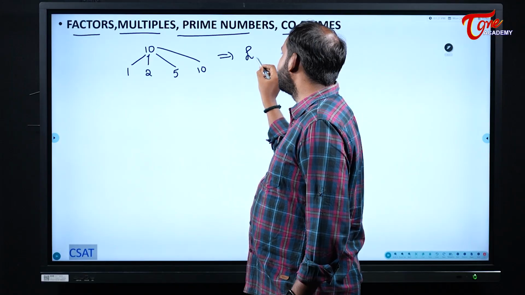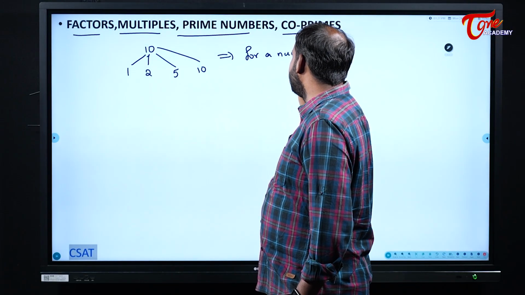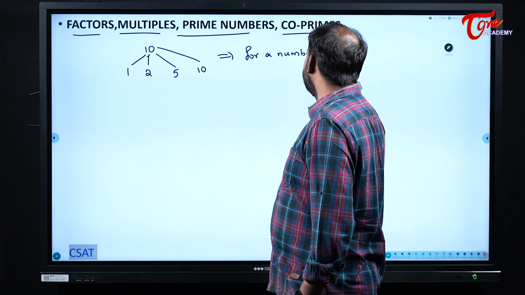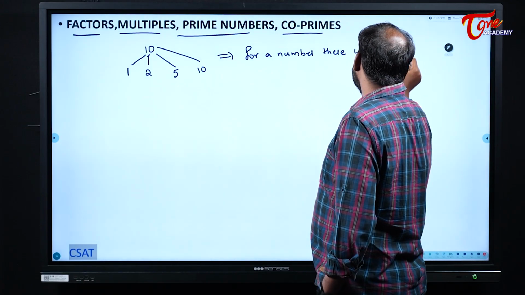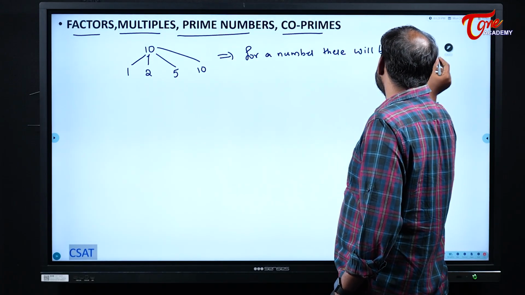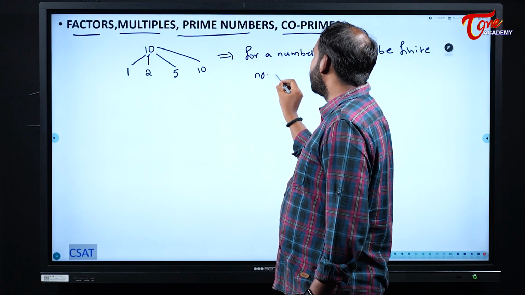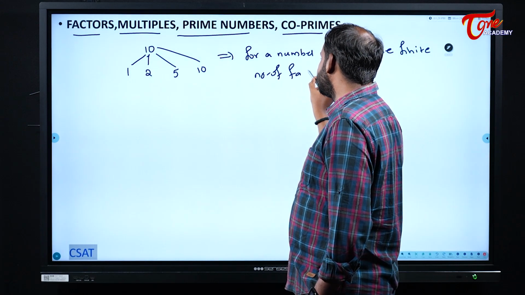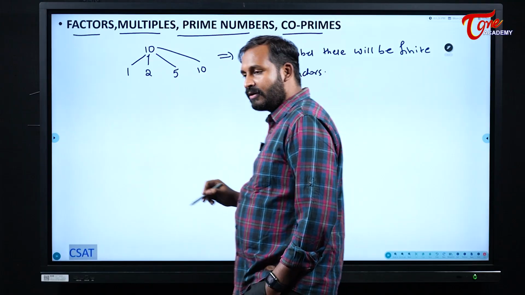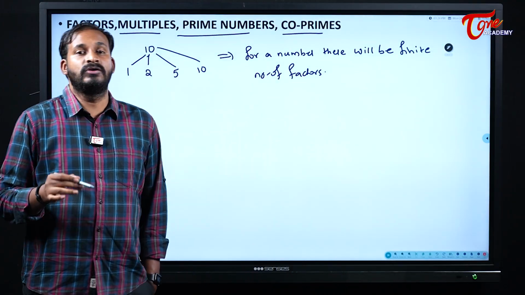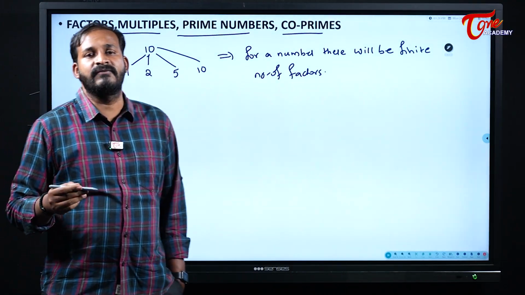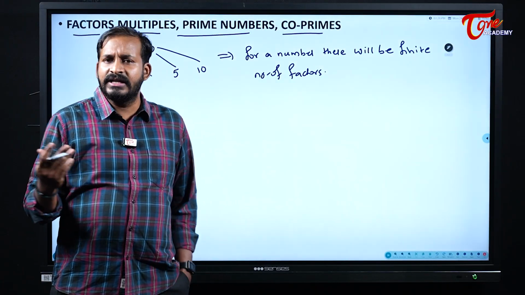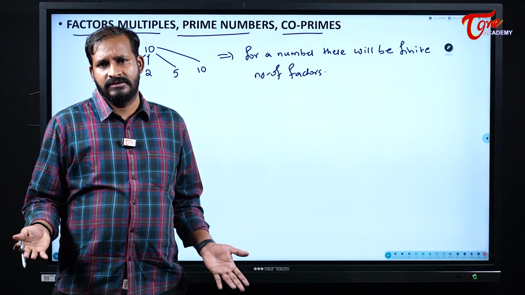For a number, there will be a finite number of factors. That means we can say the total number of factors for any given number is finite. Don't ask, sir, what is the number of factors for infinity? Infinity, the factors will be infinity only. Why?